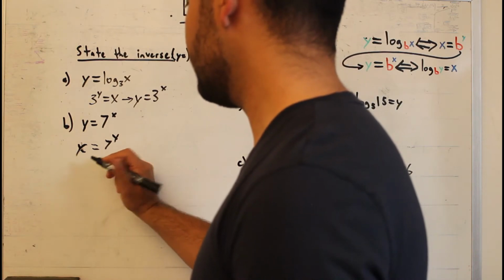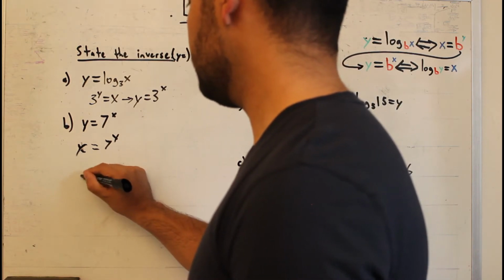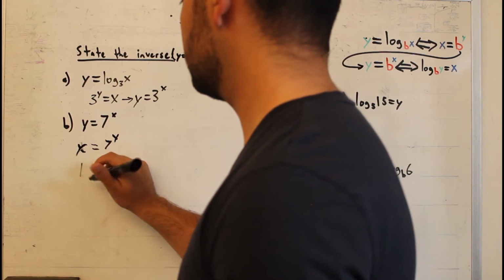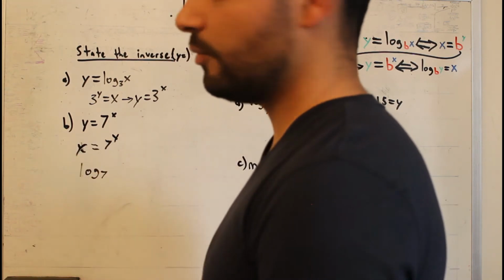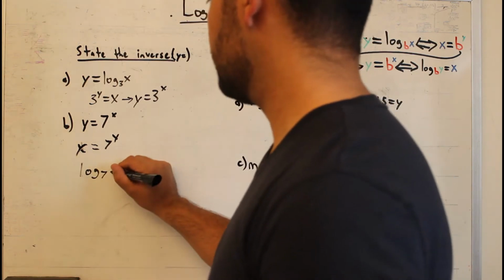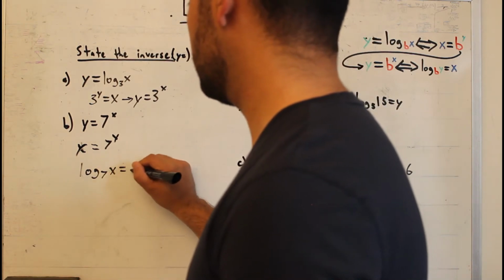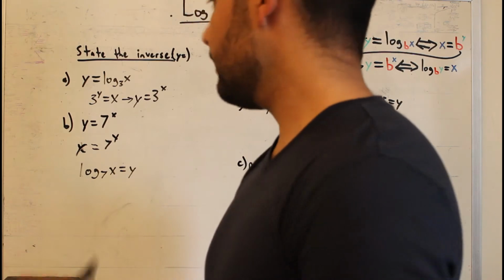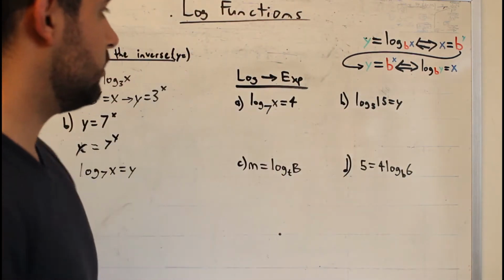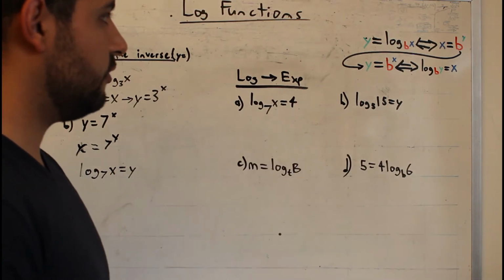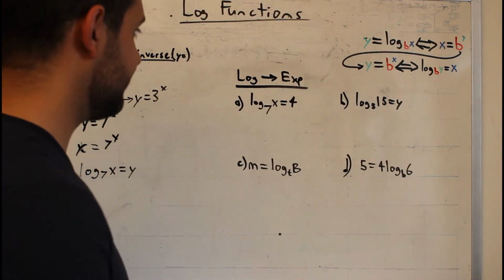Our base, 7, will stay the same. And since x was on the other side of the equation, it becomes its new argument equals y, which is all that's left. So now we can go through and change all these log functions into exponential functions.